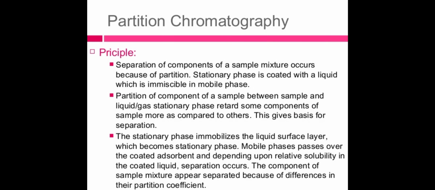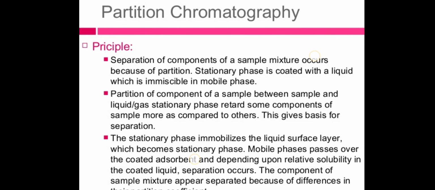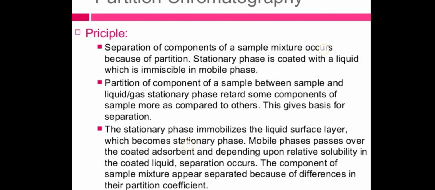Now, the principle behind partition chromatography. Separation of components of a sample mixture occurs because of partition. The stationary phase is coated with a liquid which is immiscible, which does not dissolve in the mobile phase. Partition of a component of a sample between the mobile phase and the liquid or gas stationary phase retards some components of the sample more as compared to others.